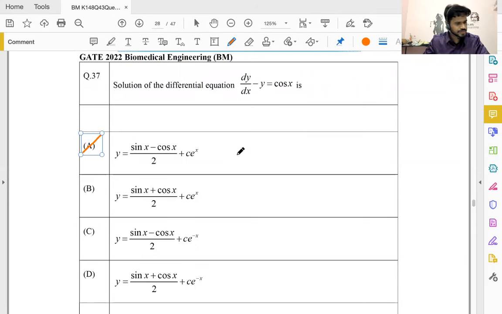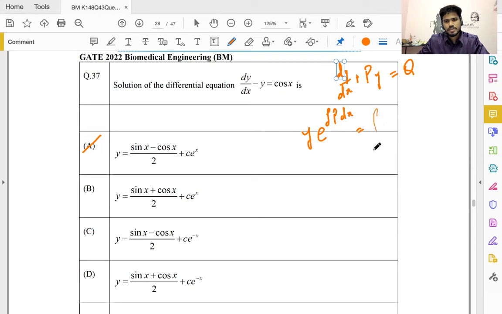Not an issue. Just verify. Wondering about the integrating factor: dy by dx plus p, a polynomial of x, is q, again a polynomial of x. The solution for this is y e power integral p dx is integral q e power integral p dx plus c.